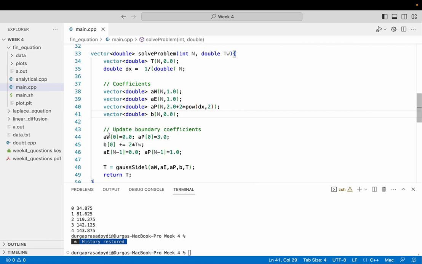Again on the boundaries, on the west boundary you keep A west equal to 0, and then you accordingly update the value of B, and similarly on the east boundary you have 0. So here if you observe the value of AP, everywhere it is made in this particular fashion.